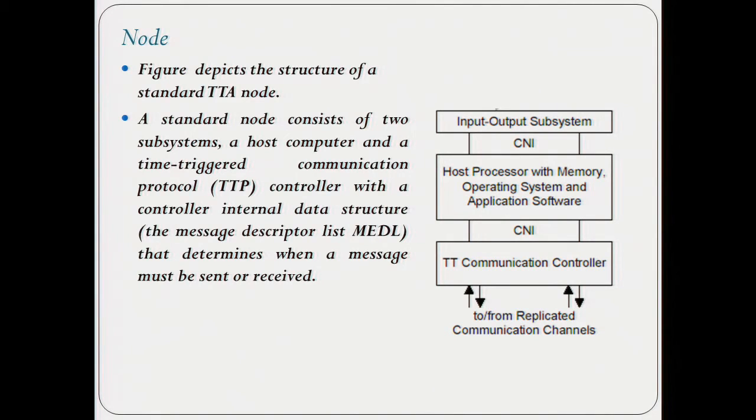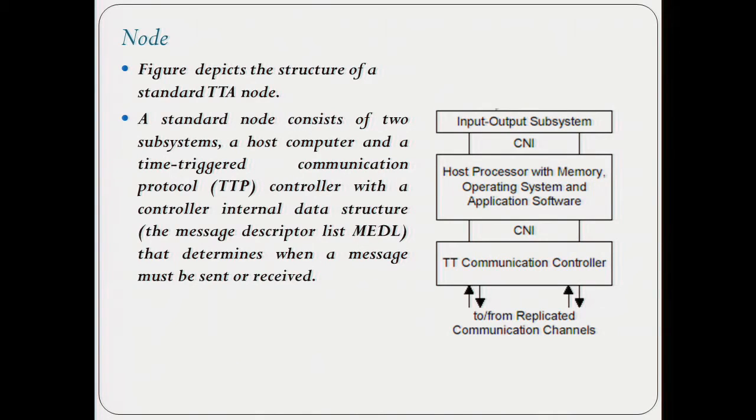Then there is a communication node interface, and then there is a host processor with memory, operating system, and application software. Then there is another communication network interface, and you have a TTP communication controller that delivers the information to the network, the one which is based on TDMA.